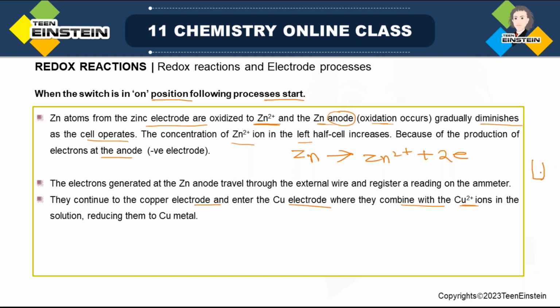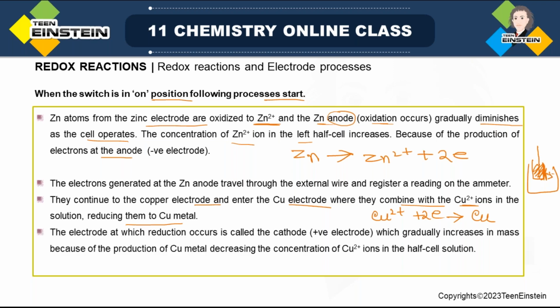This Cu strip is dipped in CuSO4 solution. At this interface, the electrons coming through the electrode will interact with Cu2+ and reduce it to copper. As a result of this reduction, there will be deposition of copper on the copper strip.